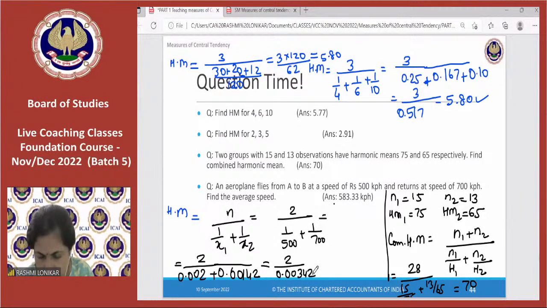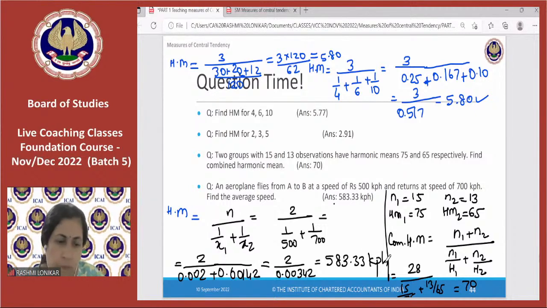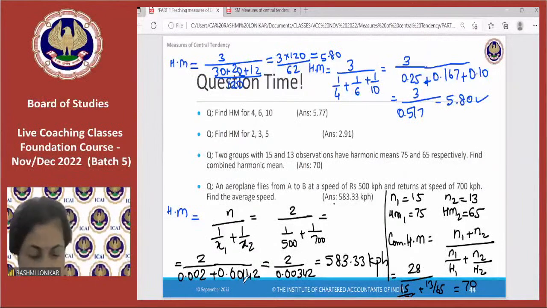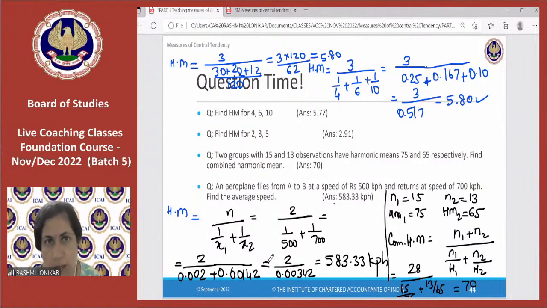So 2 divided by this is equal to 583.33 kph. Okay. So in the sum, because the decimal places are important, 0.00142 I have taken. If I take 0.001, the answer will come wrong. So here I have to take more decimal places. Okay.